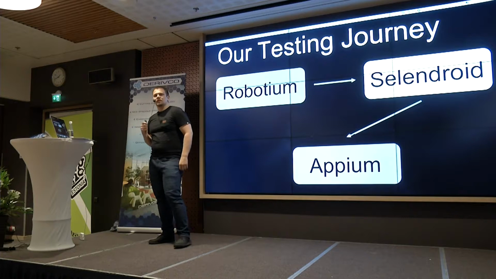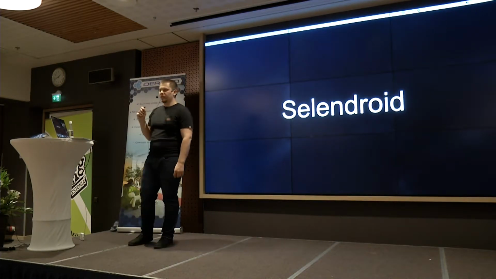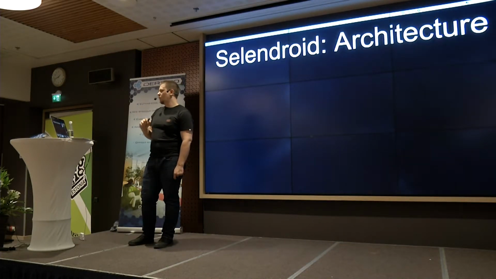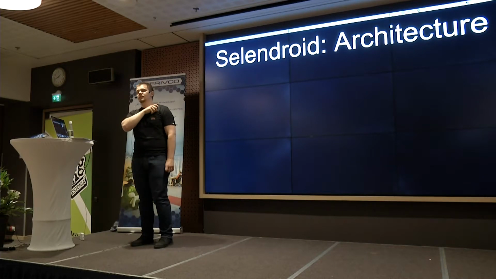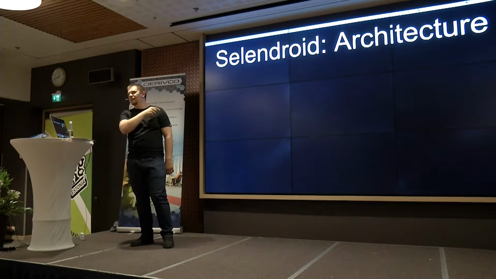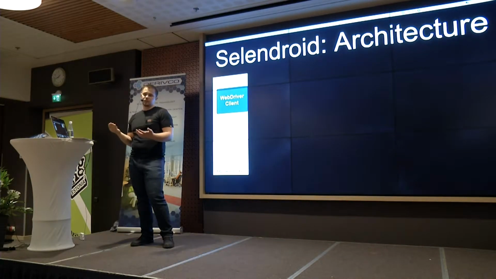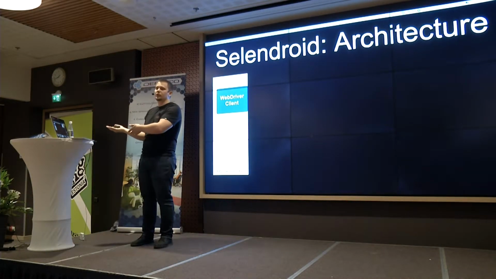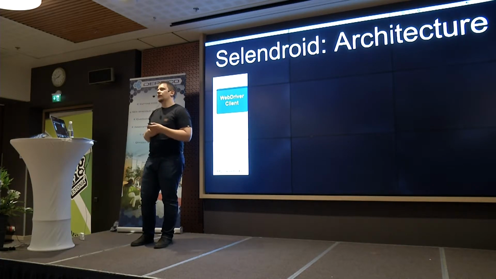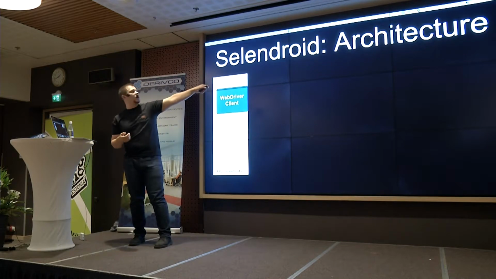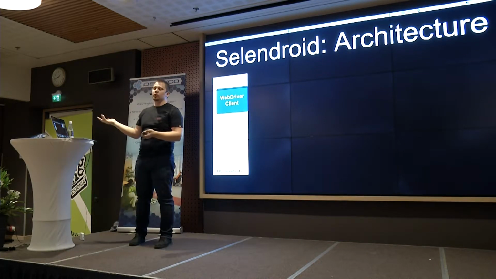Going to Selendroid. Selendroid is quite different from Robotium. The reason I'm saying that is architecture-wise, and even the name suggests it: the first part, Selen, is because it's based on Selenium. So behind it will be the WebDriver client, which also helps you with the language bindings. And obviously the last part, droid, is the fact that it's for Android.